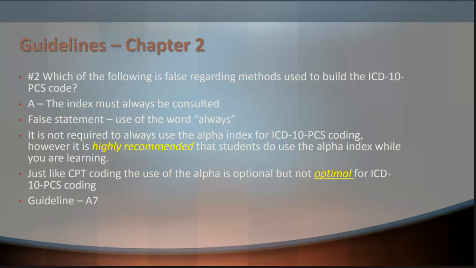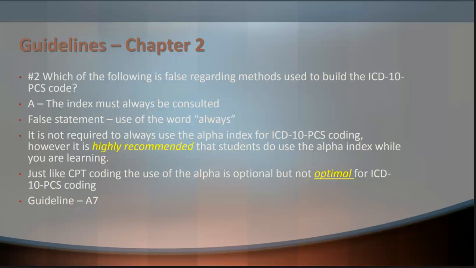We're talking about the alpha index. In ICD-10 PCS and CPT, it is recommended that students and people new to coding use the alpha index. However, it is not required like it is in ICD-10 CM. In ICD-10 CM, you have to use the alpha index.